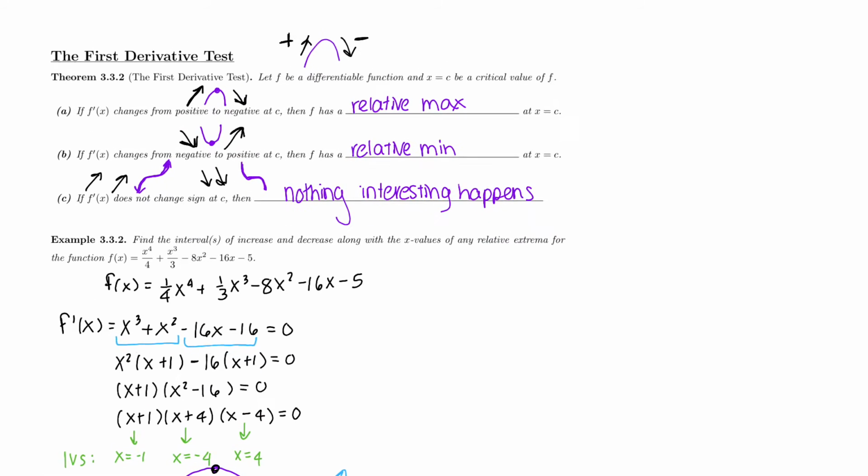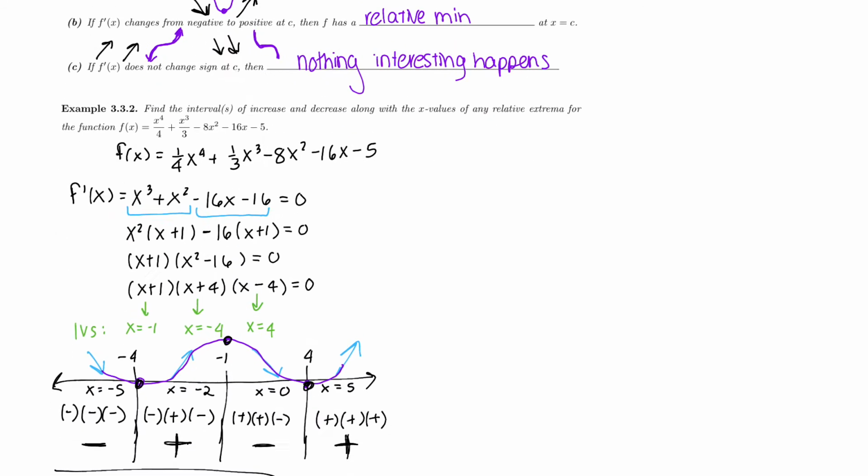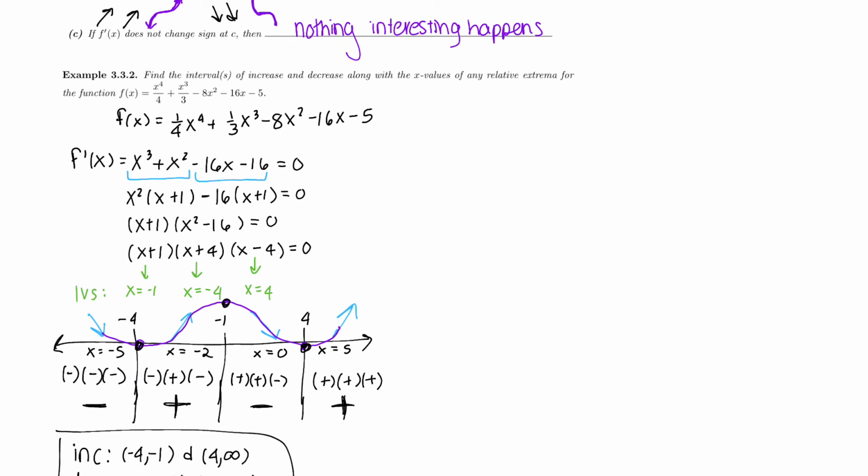The first derivative test is where you're making a sign chart. You take the first derivative and find your important values, all of them, even if they're not critical values, even if they're not within the domain of the original function.